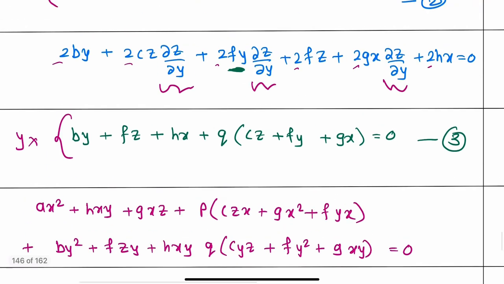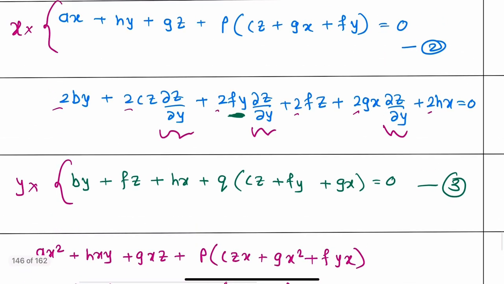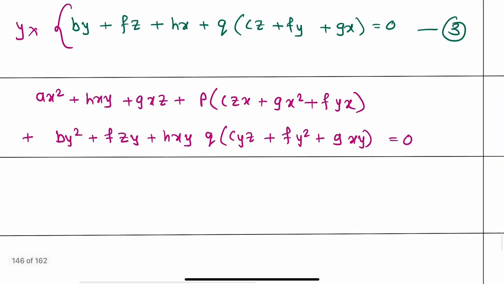We have multiplied the second with x, the third with y, and added these two. So what do we get on adding? We have xy terms, yz terms and xz terms, so at least we can add the xy terms.